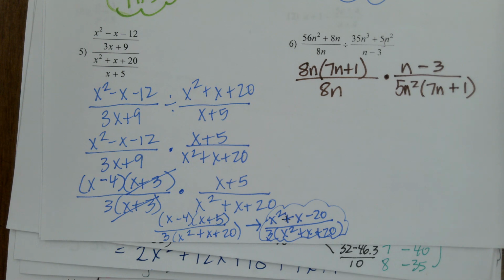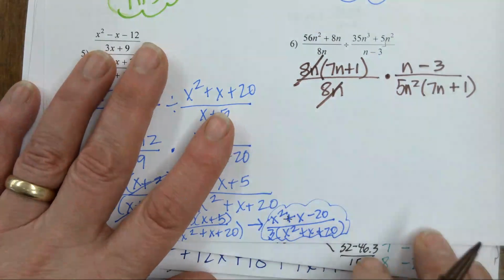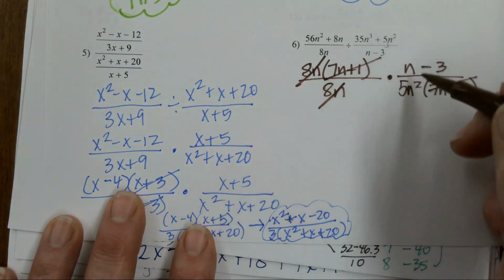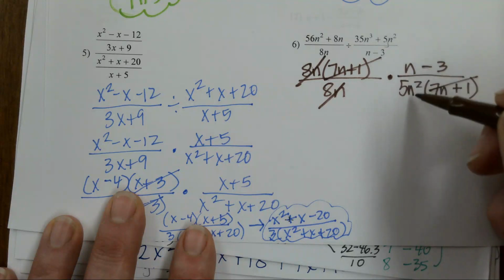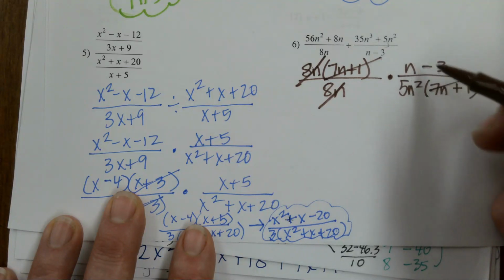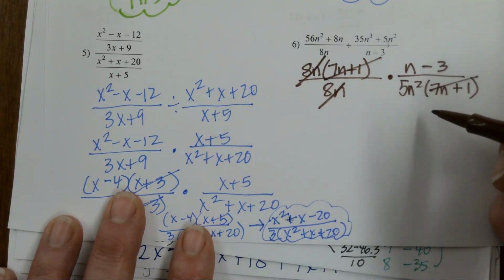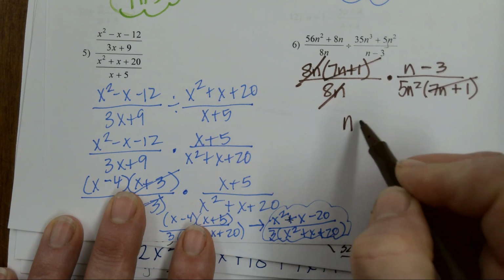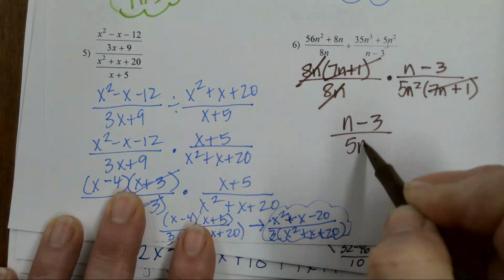A plus or a minus. So the 8n's can go. Gone, gone. The 7n's can go. How about these n's? Well, the bottom one's not followed by a plus or a minus. Still can't because the top one is. So I'm down to n minus 3 over 5n squared.